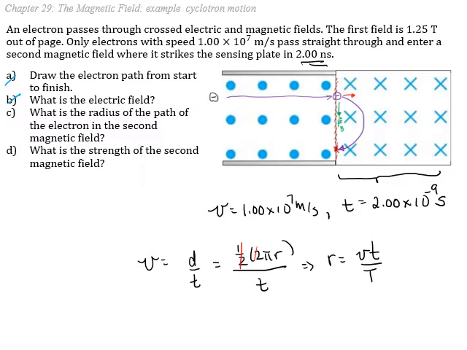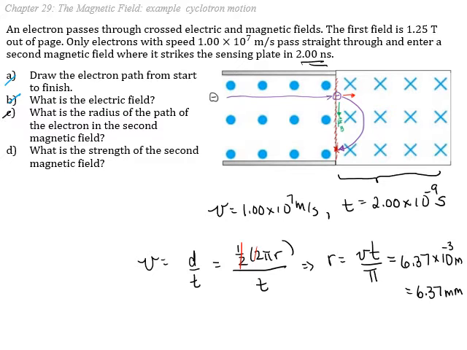Put in 1 times 10 to the 7 meters per second for v, 2 times 10 to the minus 9 seconds for t. Divide that by pi, we get 6.37 times 10 to the minus 3 meters, or 6.37 millimeters.